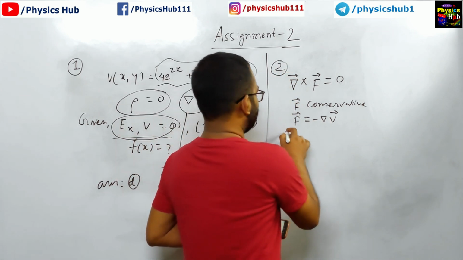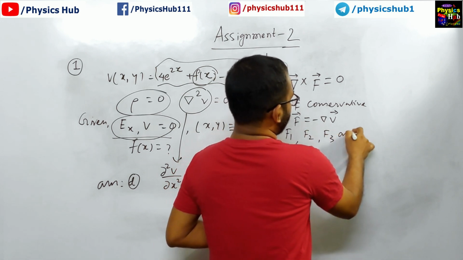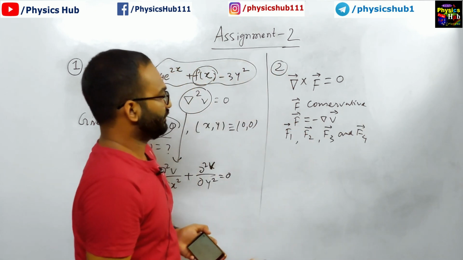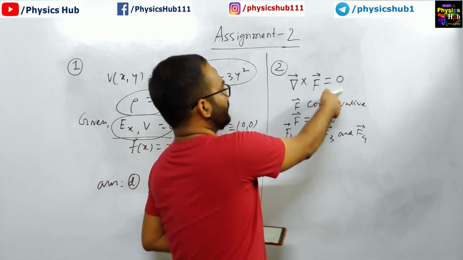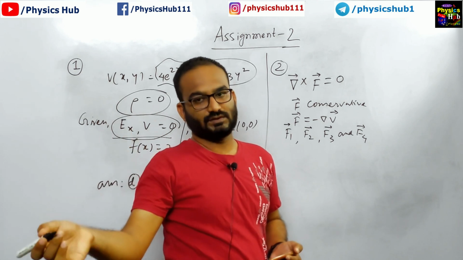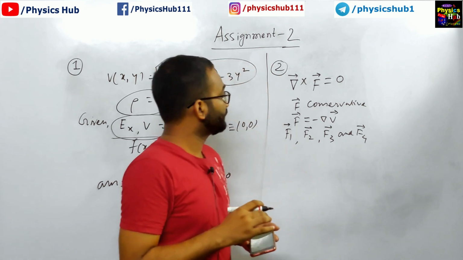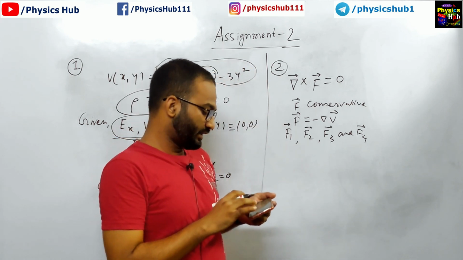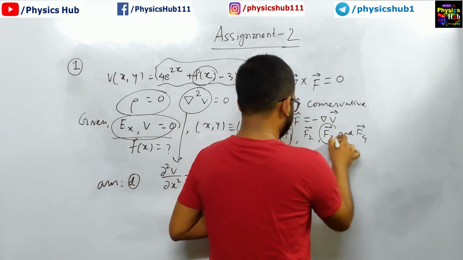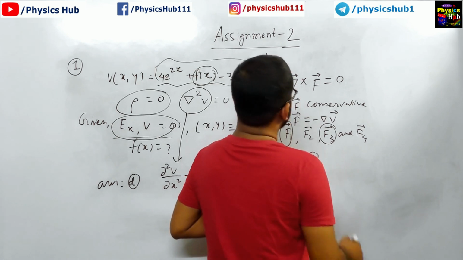So for the given forces F1, F2, F3 and F4, you will take the curl, and whichever forces give you 0 upon taking the curl will be conservative. If it is non-zero, then it is non-conservative. In this way, if we check all of these forces, you will find F1 and F3 to be conservative and F2, F4 are not. So option D will come out to be correct.